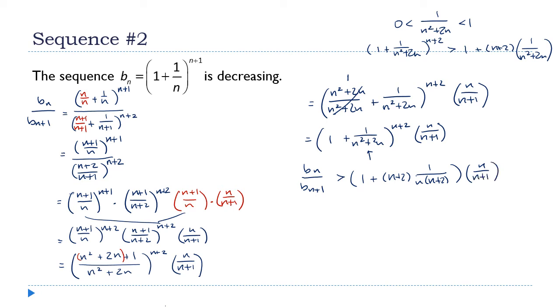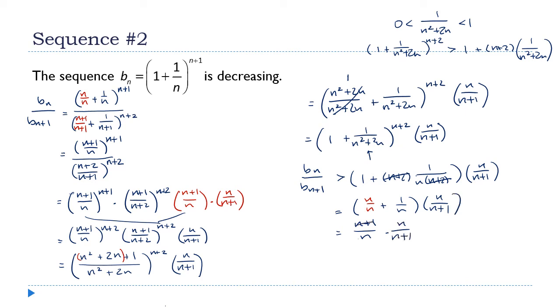Look, we get some nice canceling here, right? So this is 1 plus 1 over n times n over (n plus 1). And if I do a common denominator here, make this n over n, then this is (n plus 1) over n times n over (n plus 1).